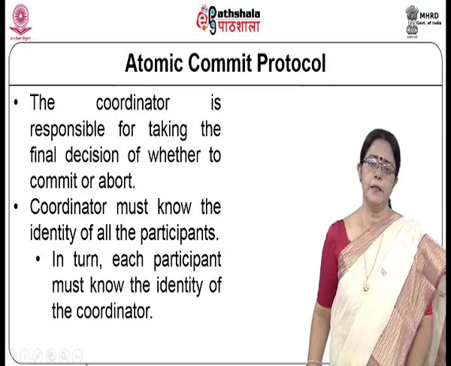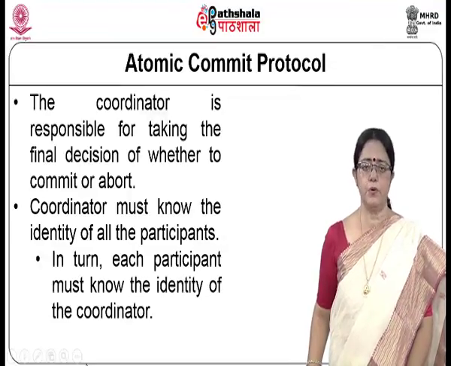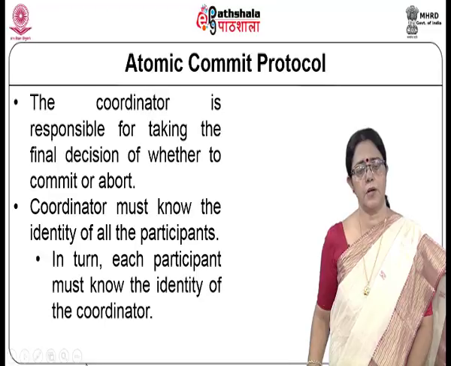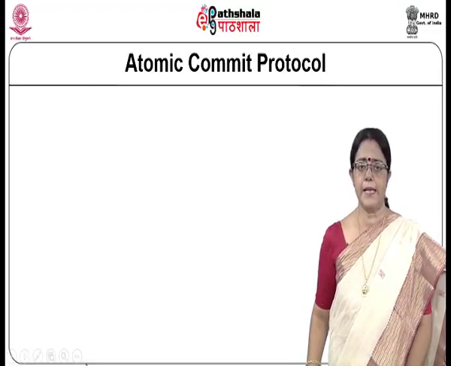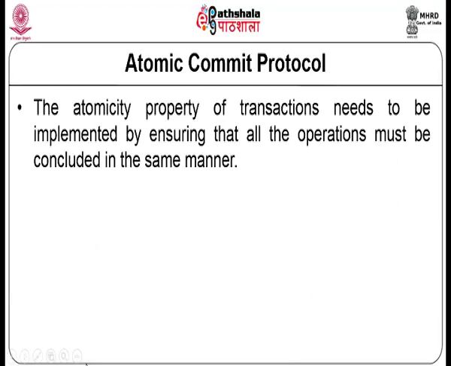In turn, the participating servers also need to know that this particular server is acting as the coordinator. Now, the atomicity property needs to be implemented by ensuring that all the operations are concluded in the same manner. So, commit or abort by all the sub-transactions will ensure atomicity.